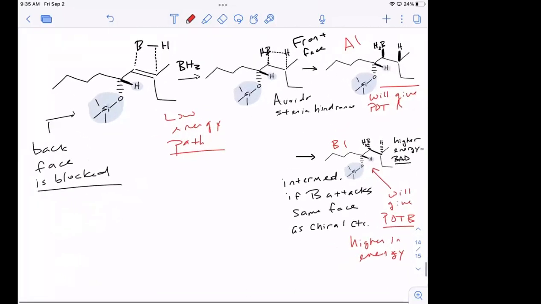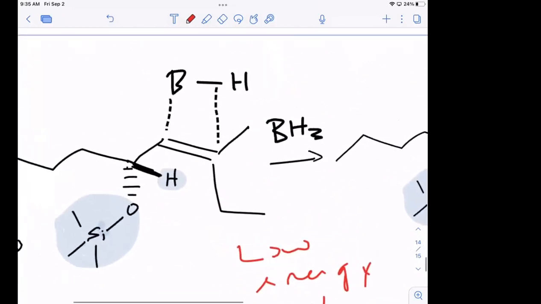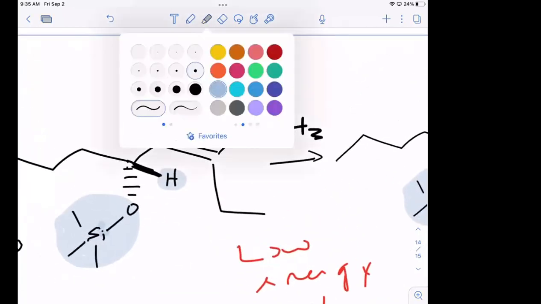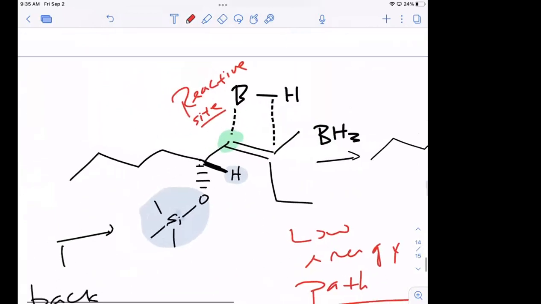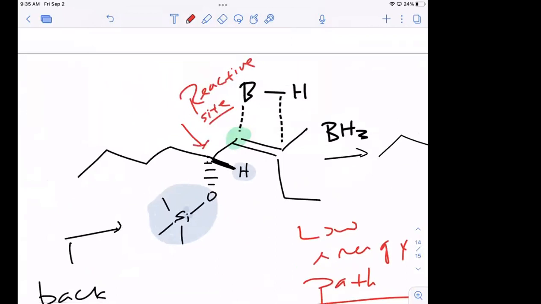When you look at the chiral center, if you notice, it's right next to the reactive site. The reactive site is here, and your chiral center is adjacent to it.